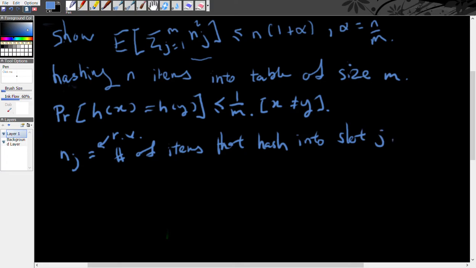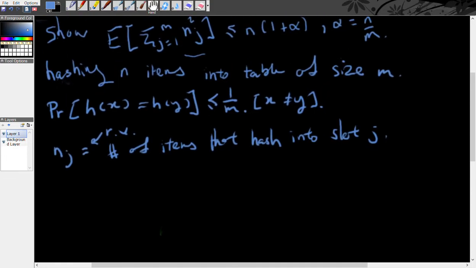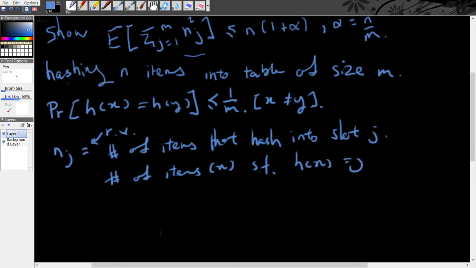In some sense, this is actually just the same thing as the number of items x such that the hash of x is equal to j. Hope you follow so far.